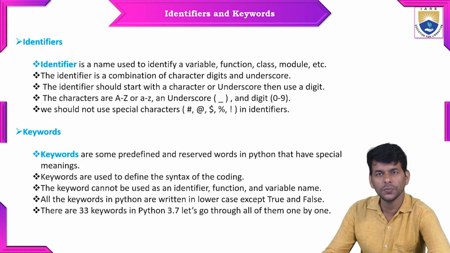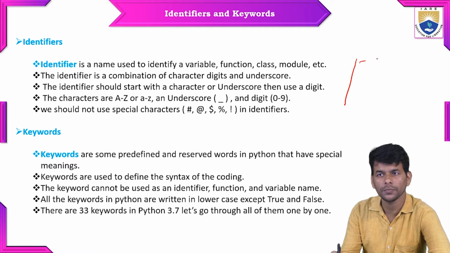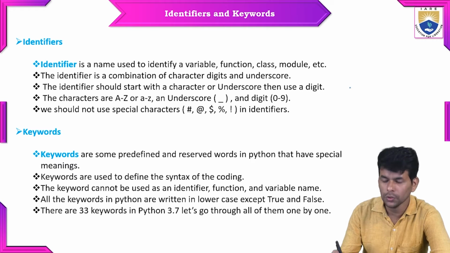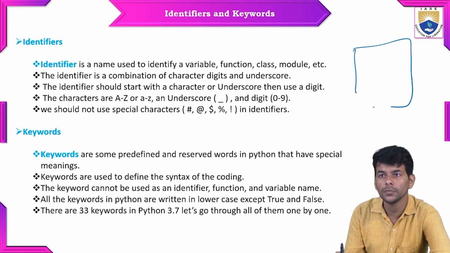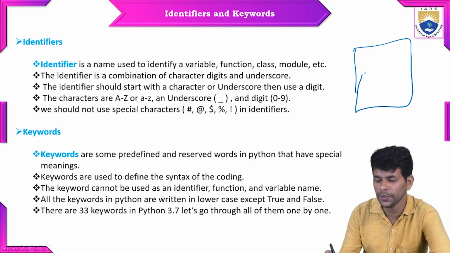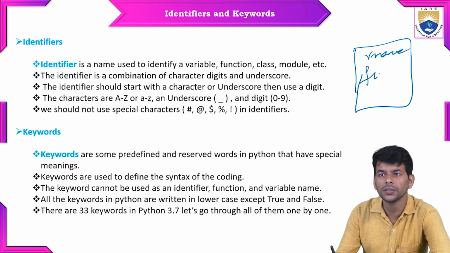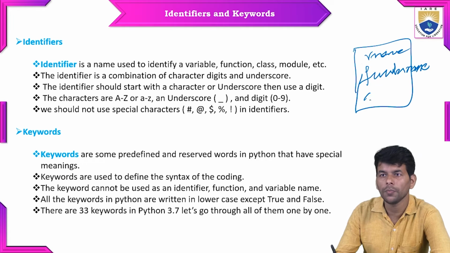So let us assume here. An identifier is a name used to identify a variable, function, class, module, etc. That means in a program there may be a variable name, a function name, and a module name.